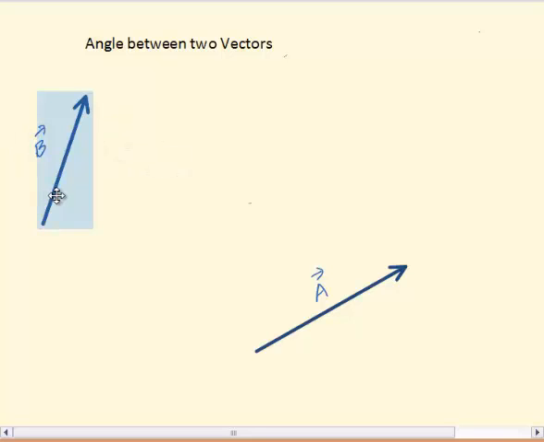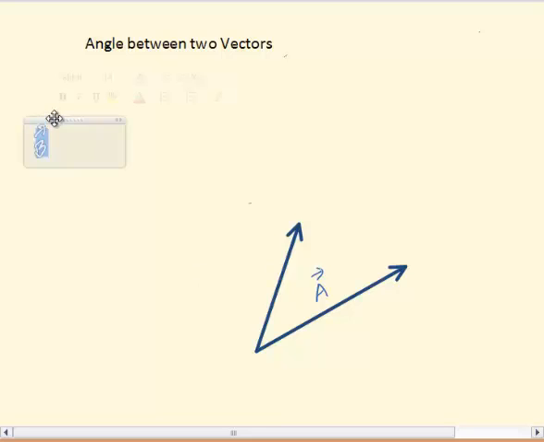So I move B and bring its tail near to the tail of A vector and join them. Then obviously my B vector will remain the same. This is still my B vector.